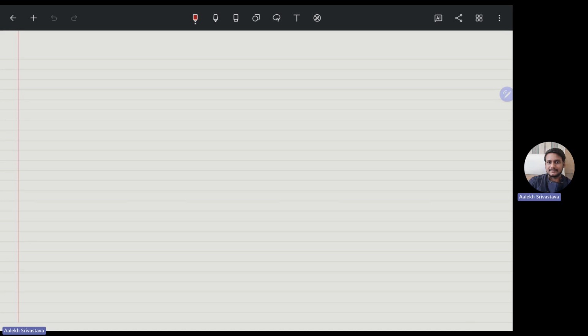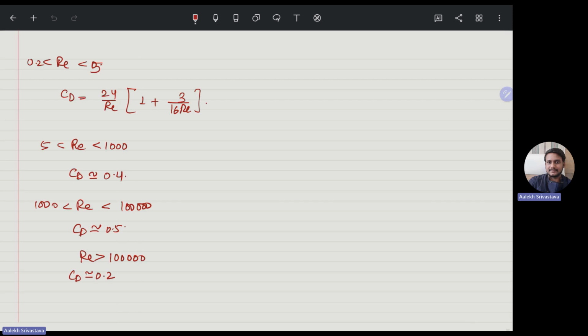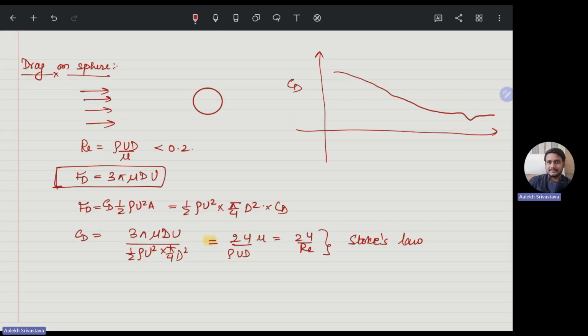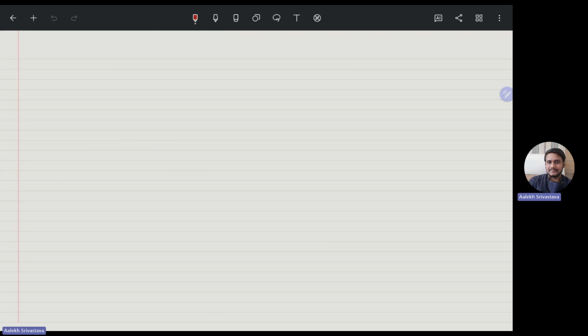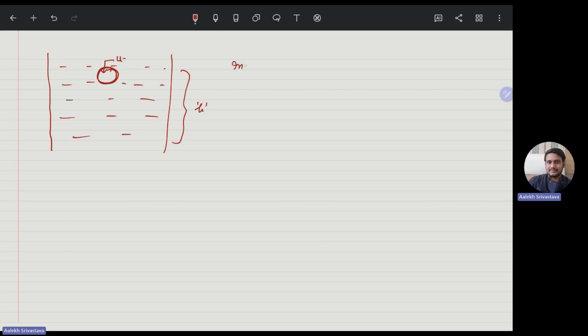Therefore, you can say that at lower Reynolds number, the drag is dependent on the velocity of the system. Suppose in a big tank filled with a working fluid, you have a drop, and while you put the drop it has zero velocity, but because of such a large height, it will start gaining velocity.